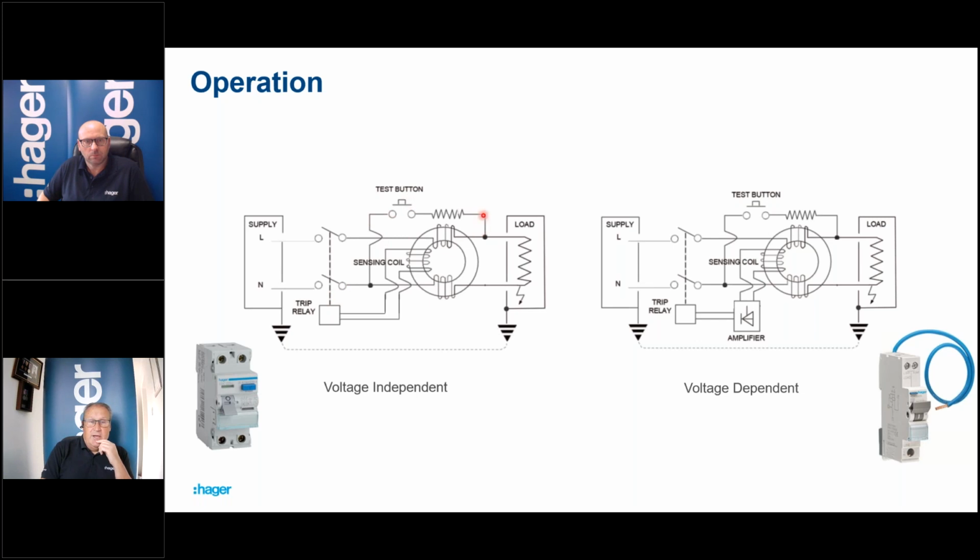Operating this test button will depend on how much current imbalance is supplied through the test circuitry. So they will still have a minimum voltage for the supply, not necessarily because of the operation of the product itself, but for the test button circuitry to supply enough current through the product to actually do the tripping itself.